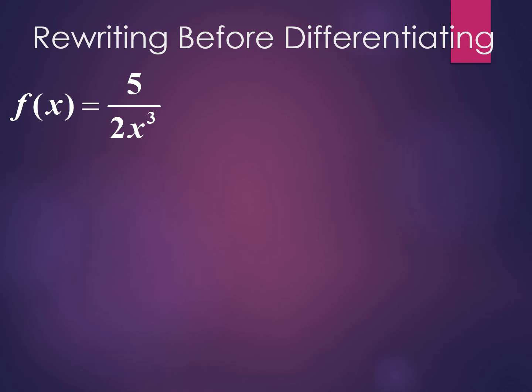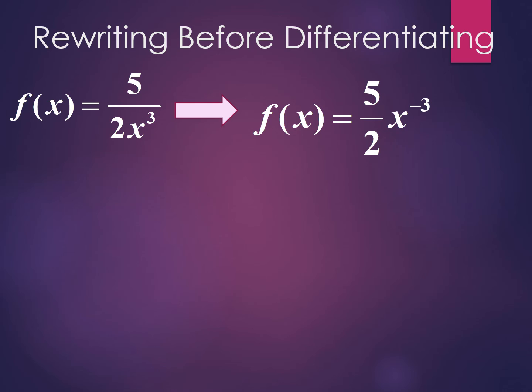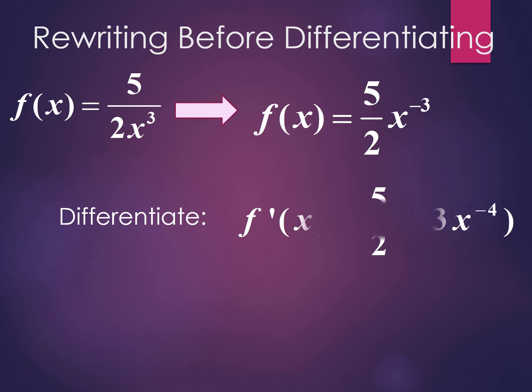So, rewriting before differentiating. There are some functions that we need to rewrite. For example, if we have f of x equals 5 over 2x to the third, we can rewrite this one as f of x equals 5 over 2 x to the -3. From here, we are going to differentiate. To differentiate, we separate 5 over 2, and then we differentiate x to the -3.